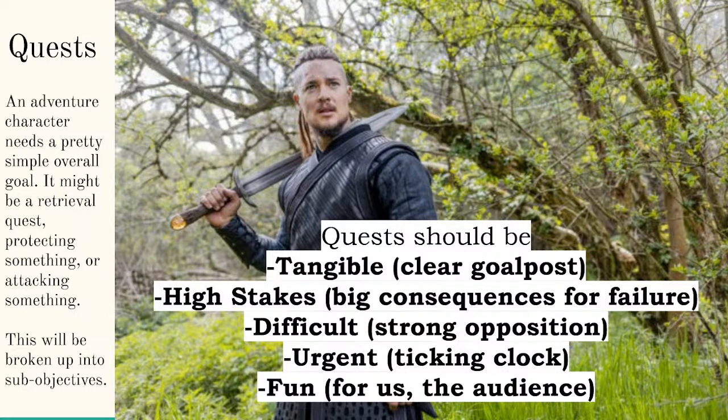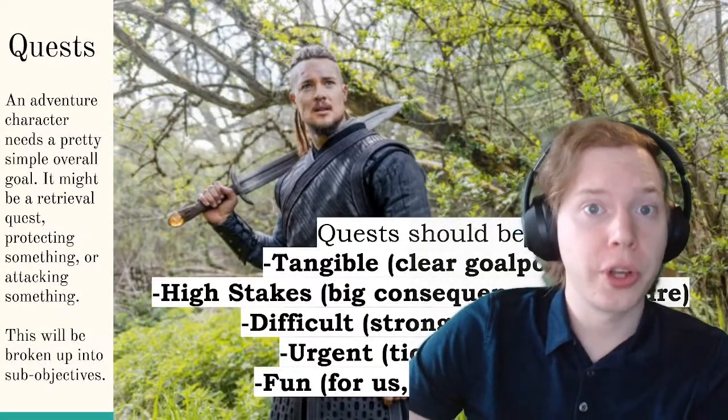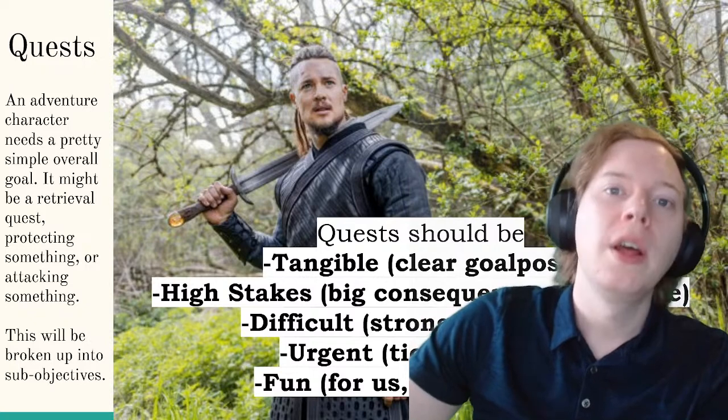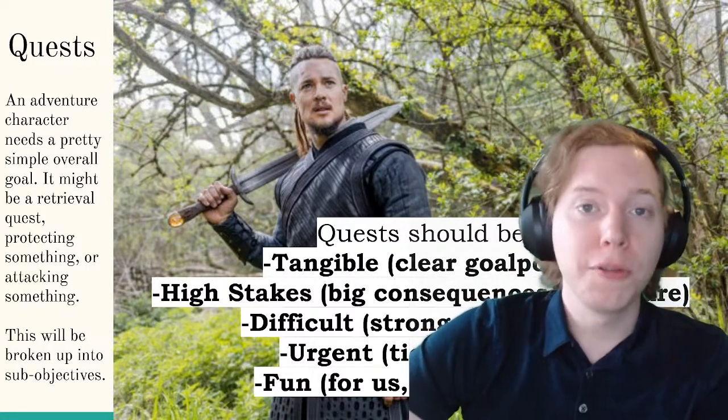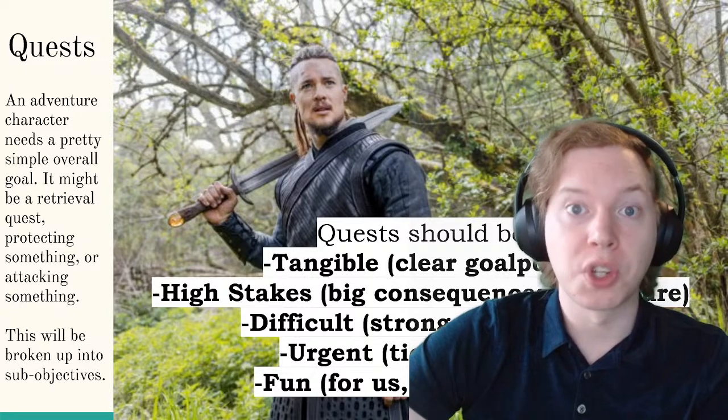Does it have to be at the end, or can you have multiple goalposts? You can have, so for sure you have an overall goal, and we have sequential goals that lead up to that bigger one. Your overall goal might be something as simple as just survive.